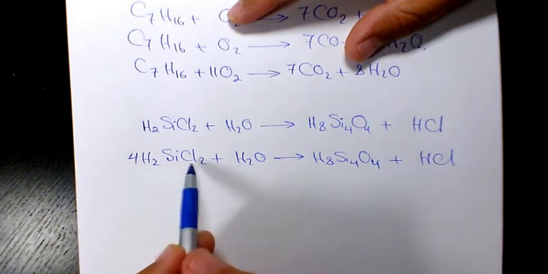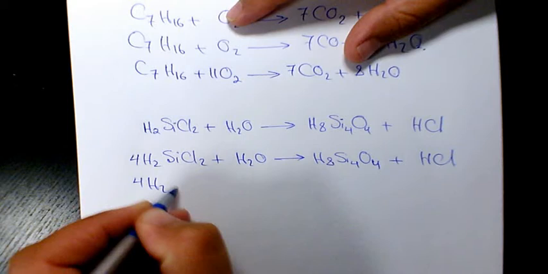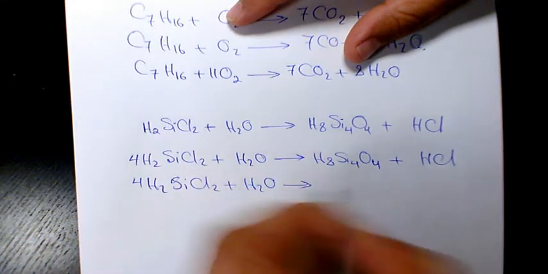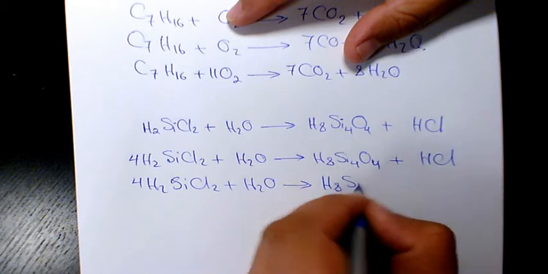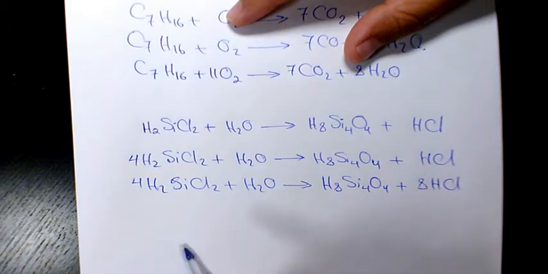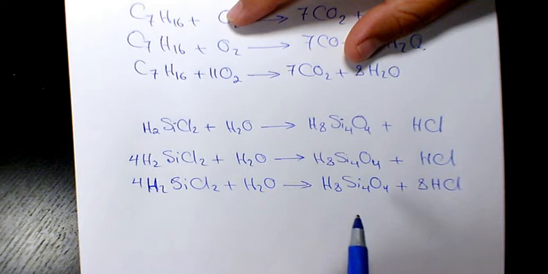Chlorine, we have 4 times 2, 8. We need to place 8 there. So then we have 8 Cl, 4 Si.